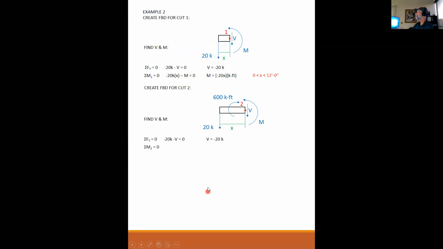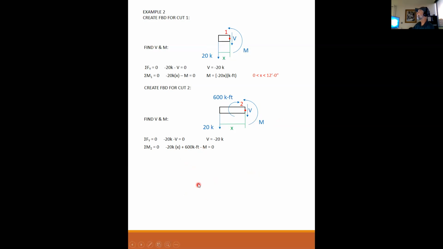If I sum my moments about the red dot, I have minus 20 times x. Same reason as I just explained why that's negative. The applied load is tending to turn the body in a clockwise fashion. It is positive. The internal moment is trying to turn it counterclockwise.